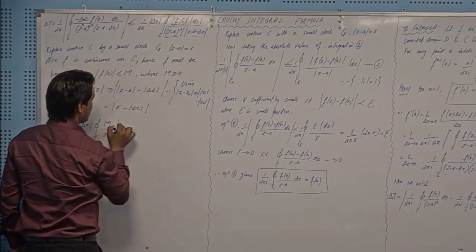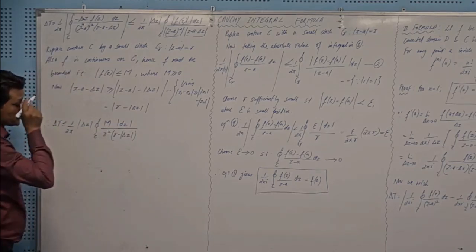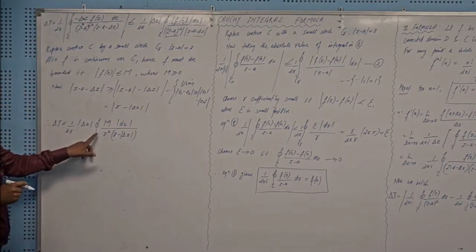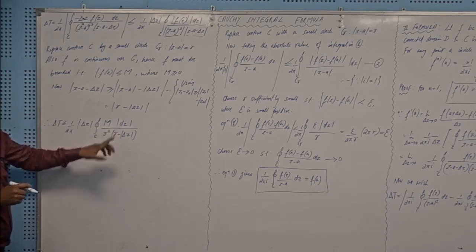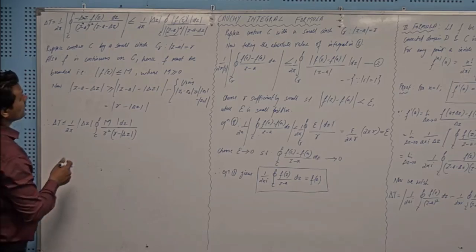And then the mod of dz. This M is a constant, so it can appear outside, and this integral of mod dz over the contour will actually be the circumference of that small circle CR.